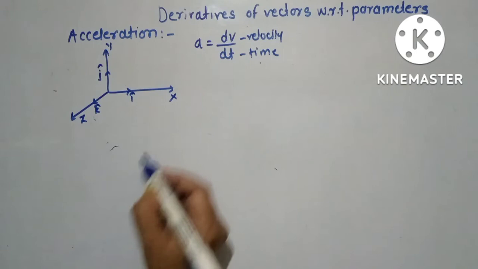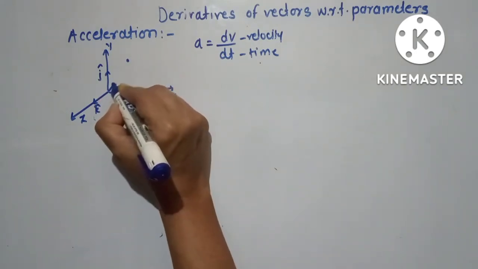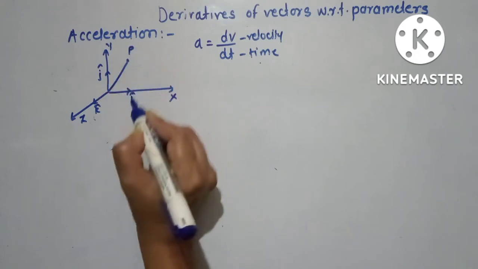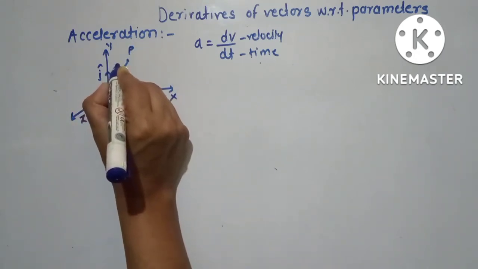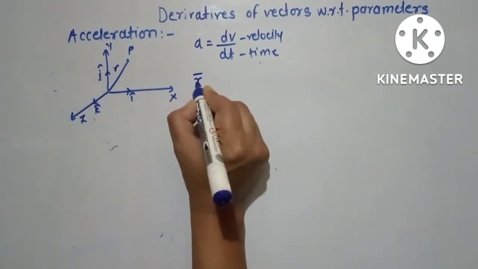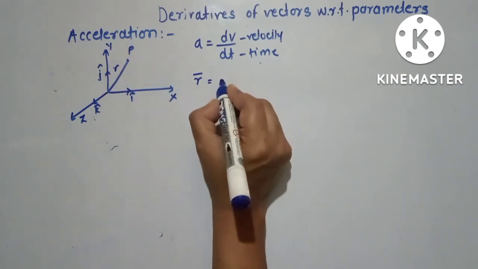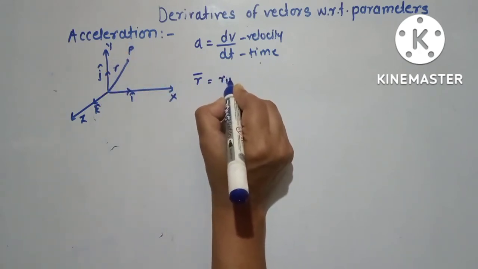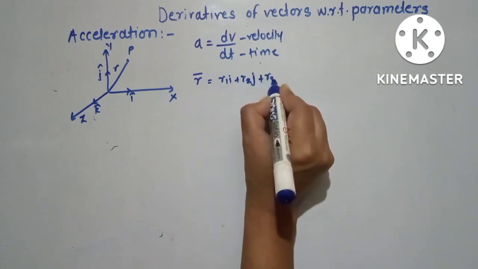Now suppose there is a point P, denoted by the radius vector r. The position vector or radius vector of this point P can be represented as r1 i plus r2 j plus r3 k.